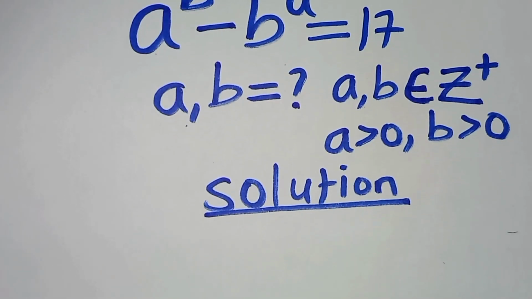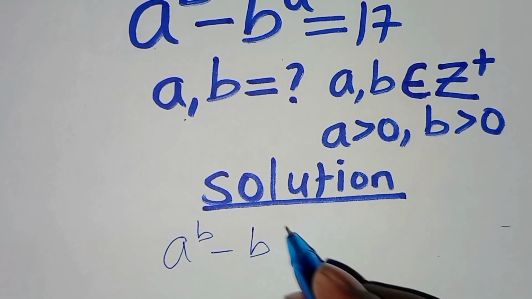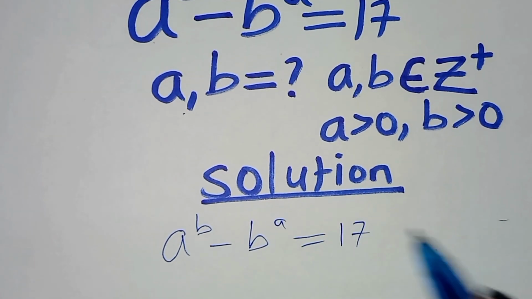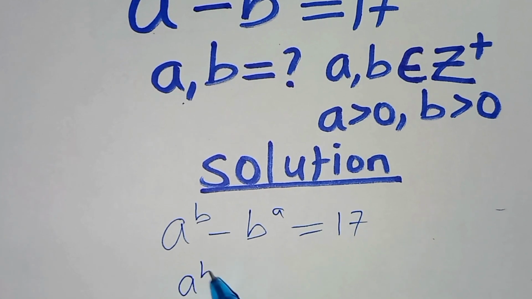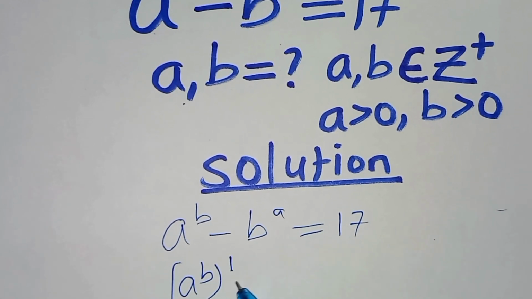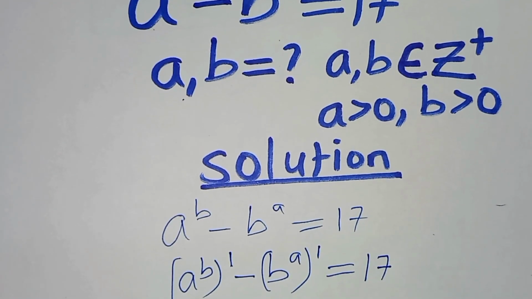Solution: from here, we have that a to the power b minus b to the power a is equal to 17. We can express a to the power b as a to the power b raised to the power 1, minus b to the power a raised to the power 1, equal to 17.